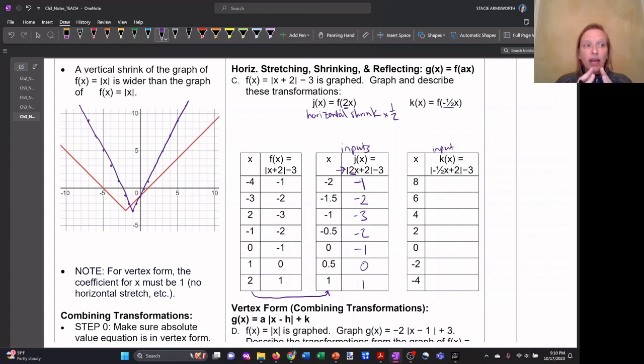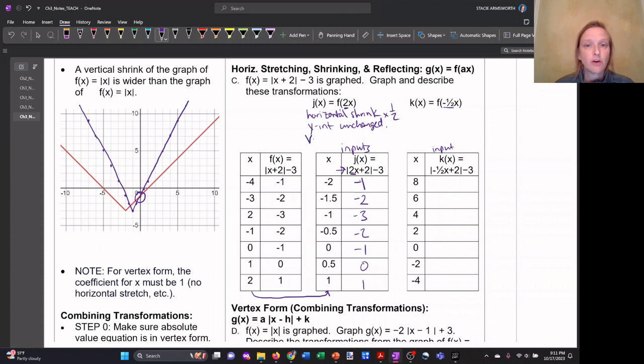notice that the y-intercept is still the same. The y-intercept is unchanged. Okay. How would we describe this absolute value function?